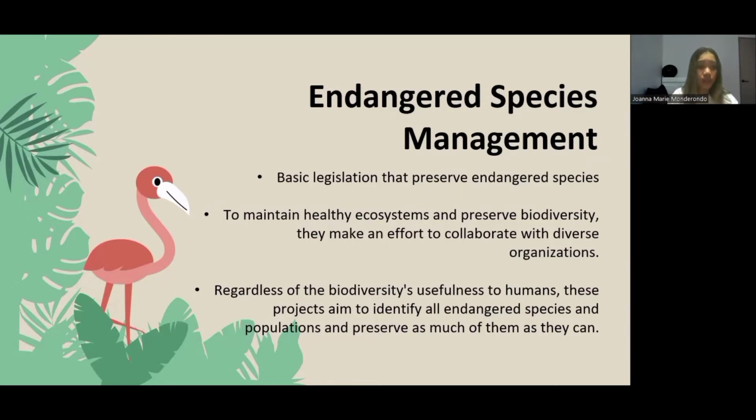So this management or this program seeks to identify all endangered species and its population and to save as much as possible the biodiversity, regardless of its usefulness to humans, and preserve and save them as much as they can.